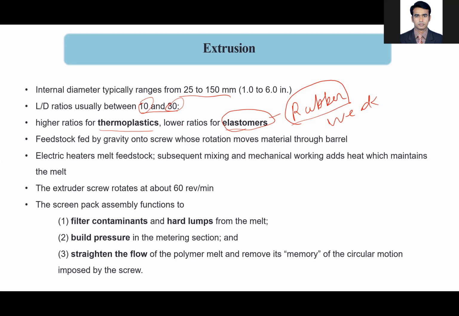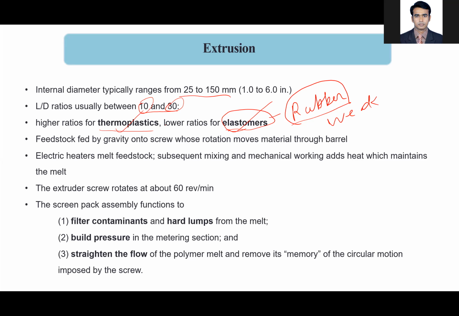That's why a lower ratio is enough for elastomers, and for thermoplastics the bonding is strong, and that's why we need a long travel of the molten material to get proper heating and uniform mixing of the material inside the screw.